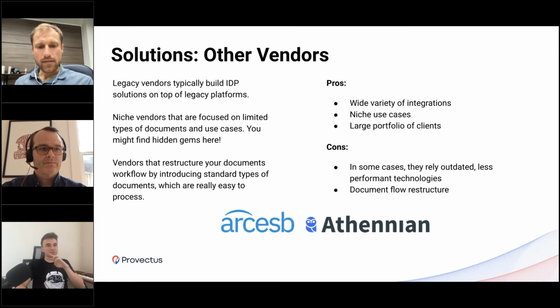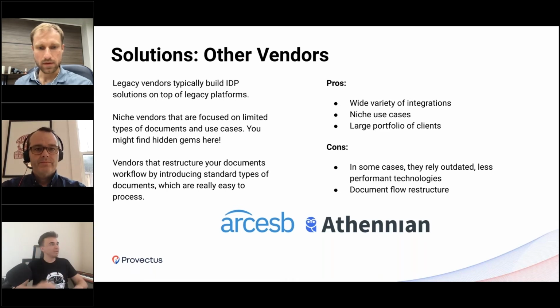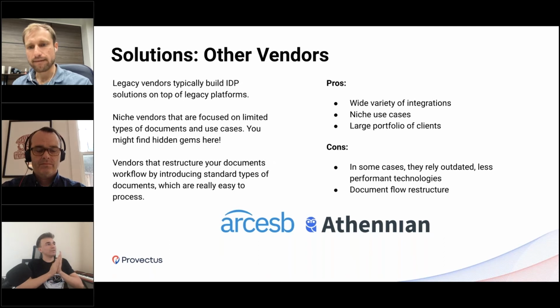And the third segment, which is basically a composition of a couple of subsegments. The first one is legacy vendors. They are typically building document processing solutions on top of a legacy platform that they already have and have been using for a number of years. Niche vendors are focused on limited document types or use cases.